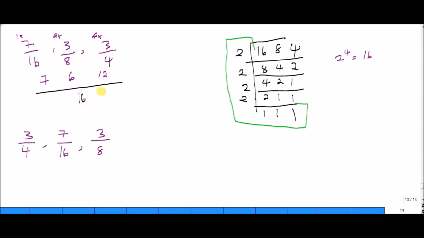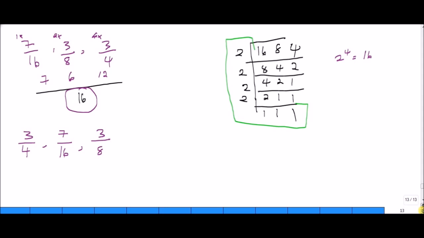So I hope you're getting here that the first step is to make sure they have a common denominator. Then when they are common, we have 7/16, 6/16, and 12/16. Then we use our numerators to order them. Okay?